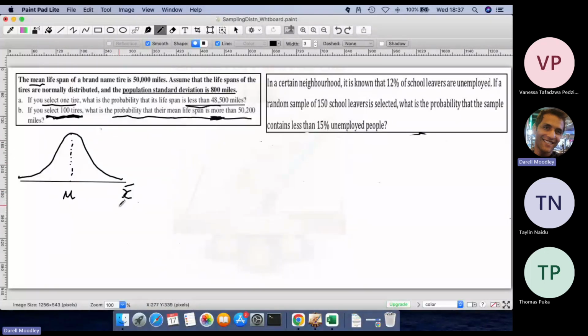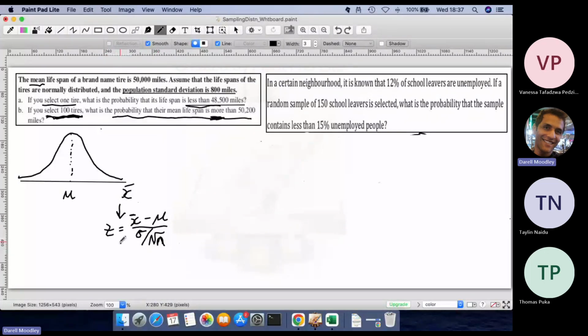If we want to work out probabilities of X bar, we need to convert it to a Z. So we use this formula here: X bar minus mu all over sigma over the square root of n.